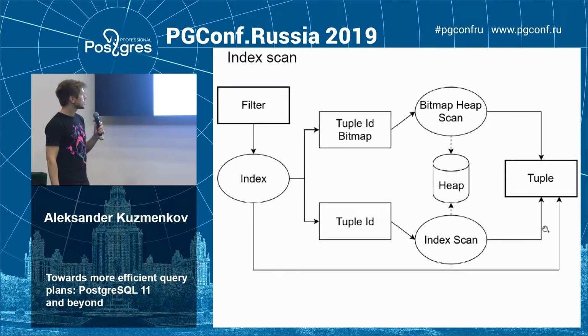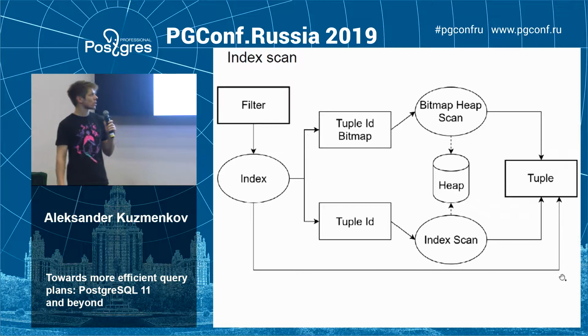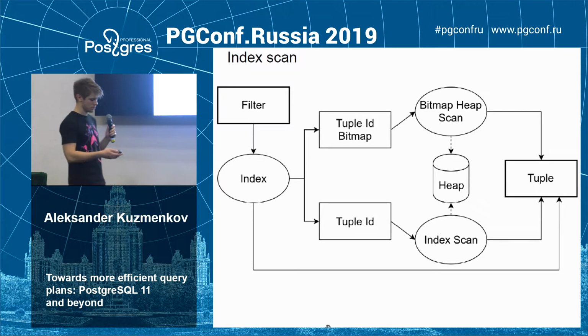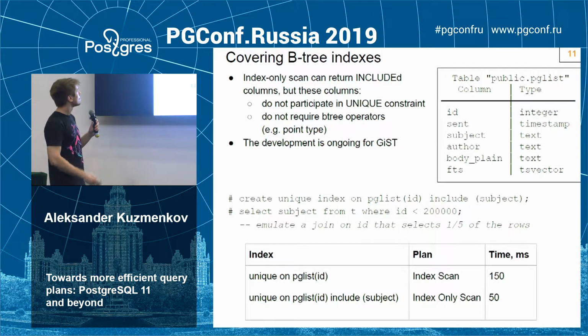The only problem with index-only scan that may arise is that the row visibility information is stored in the heap. If, for example, the vacuum process hasn't processed the page, you don't know whether all the rows are visible, so you cannot use the index-only scan. You need to go to the heap and ask for the visibility information.